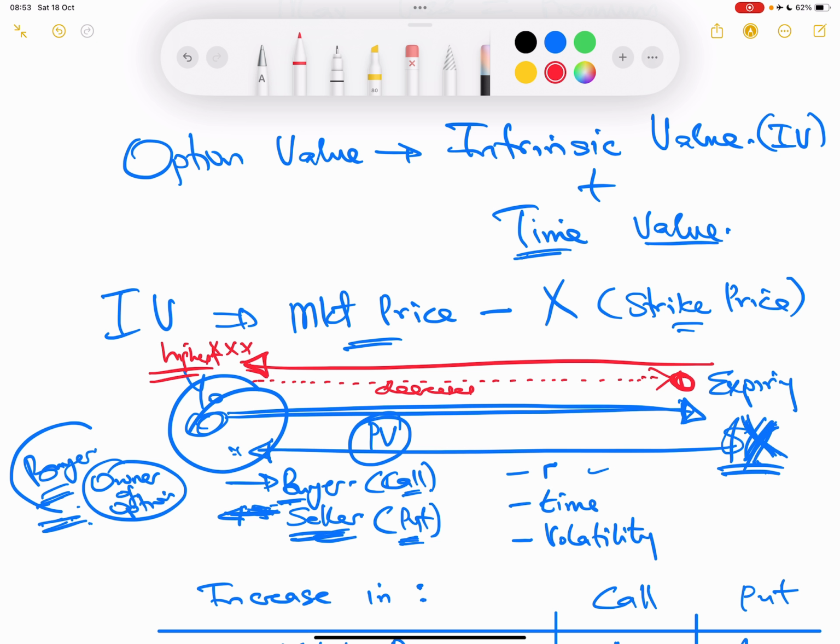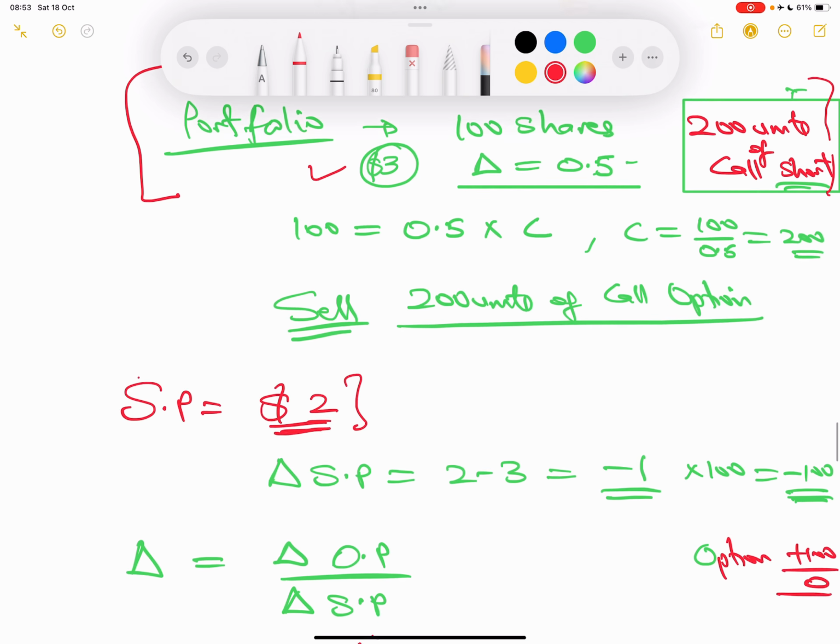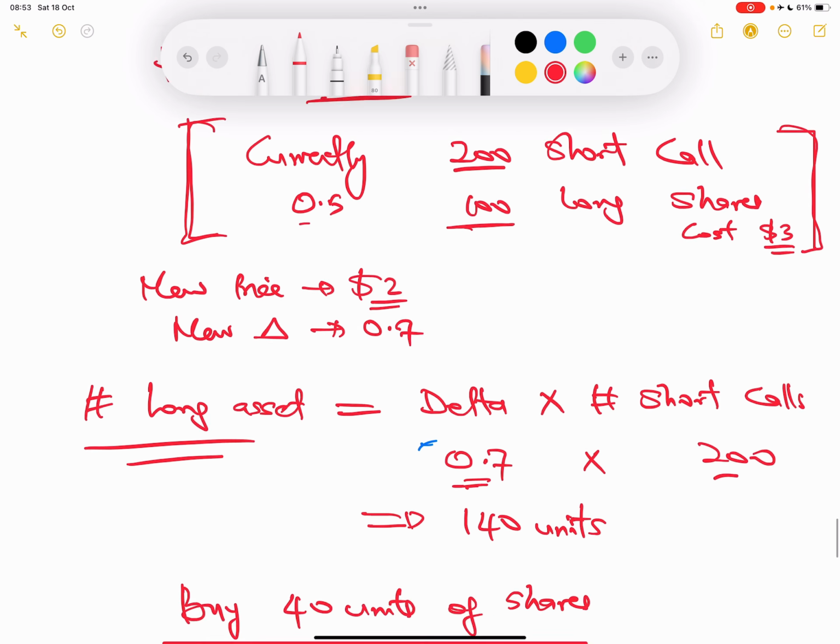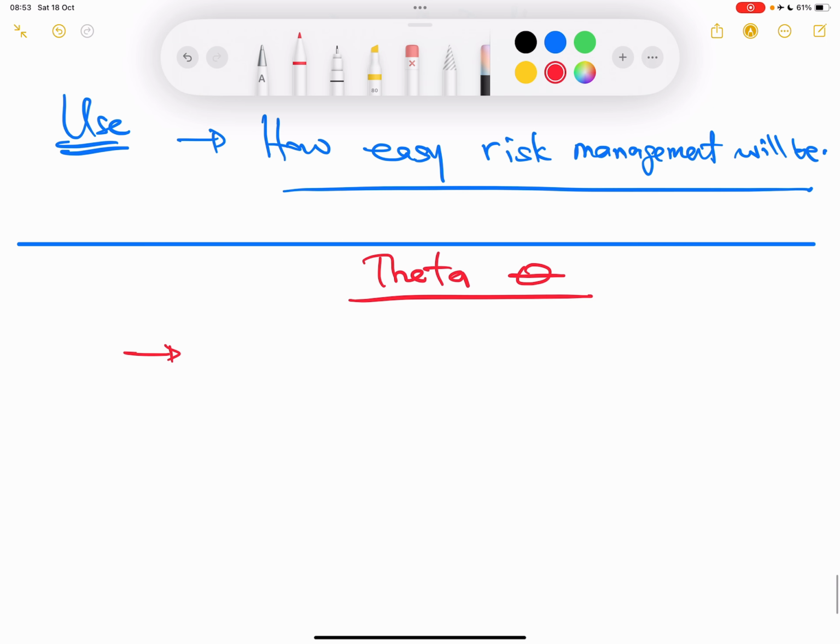So it's now 0. There's no extra value from the time. There's no risk because there's a delay or time involved. So what theta measures is how fast that time value is going down. And that is why it is called a decay metric, a time decay metric.